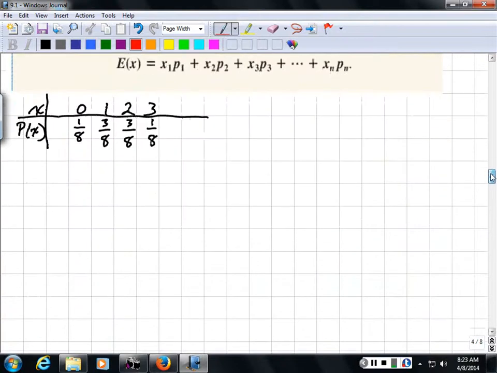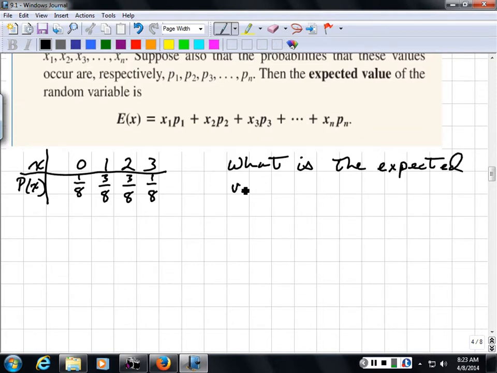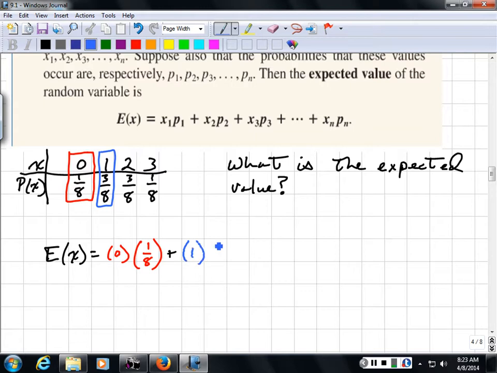So, what's the expected value? Well, what I'm going to do is look at this right here, and my expected value is going to first be the product of those 2 numbers plus the product of these 2 numbers plus the product of these 2.